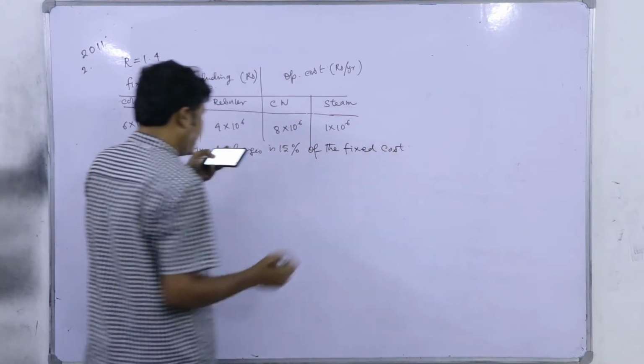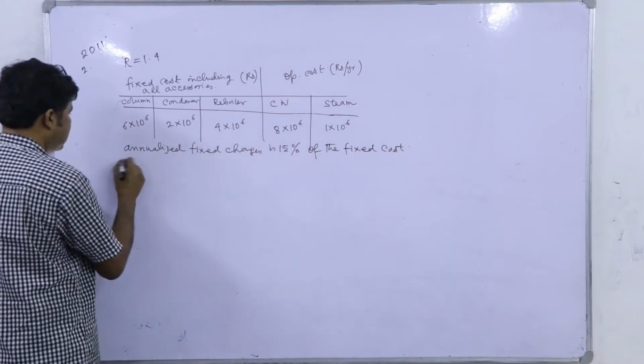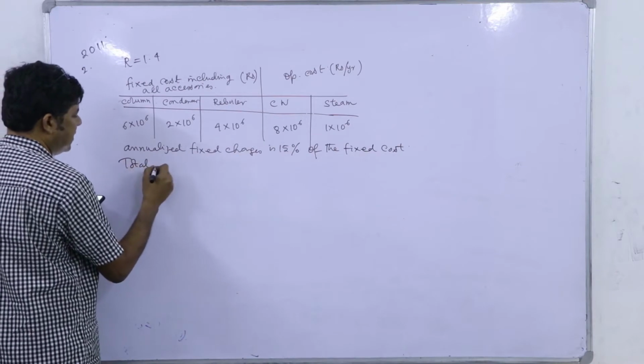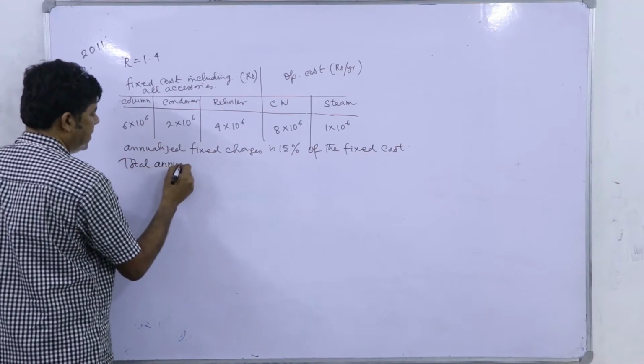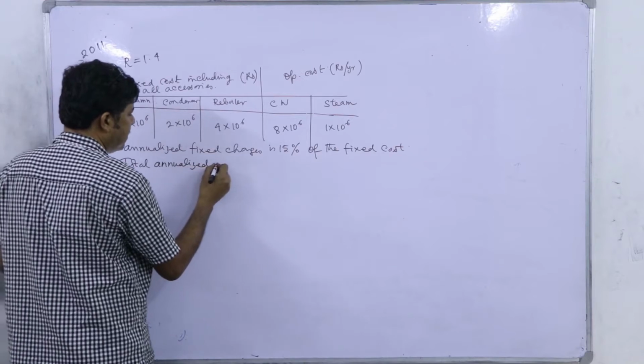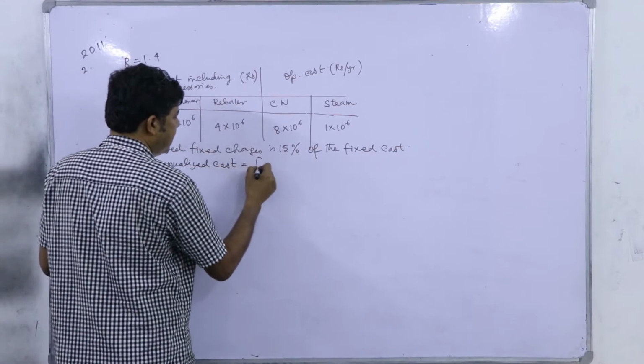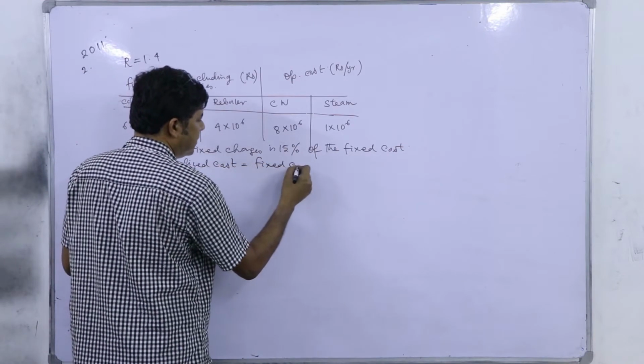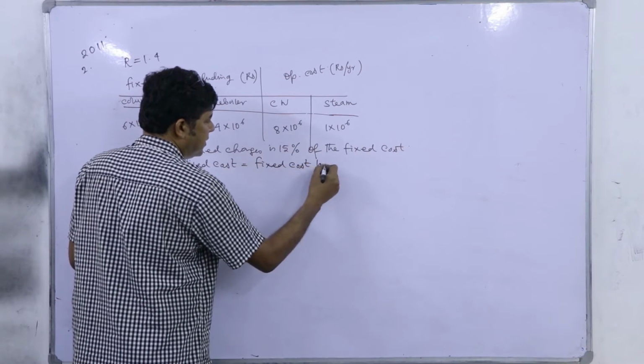So, what we have to calculate? The total annualized cost. Total annualized cost is equal to fixed charges plus this operating cost per year.